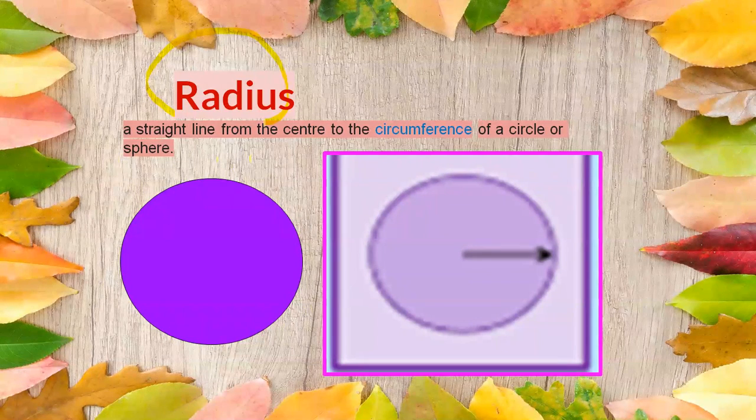So the straight line passing from the center. Where is the center? Here. A straight line, I'm making it straight towards the circumference. This is called the radius. How can I represent it? By using a small r. Can I draw from there?